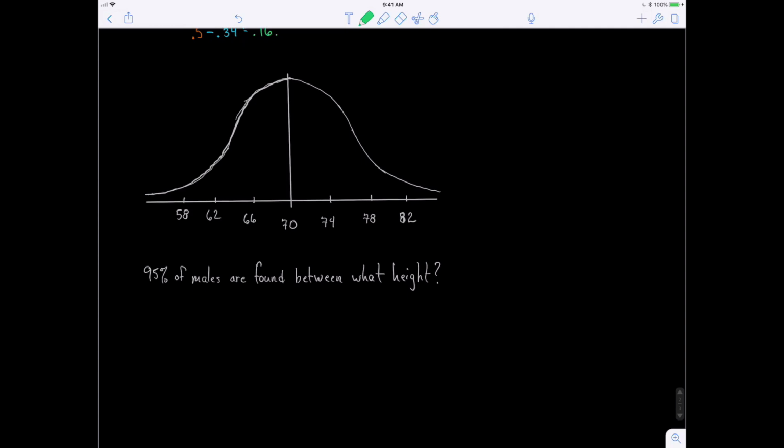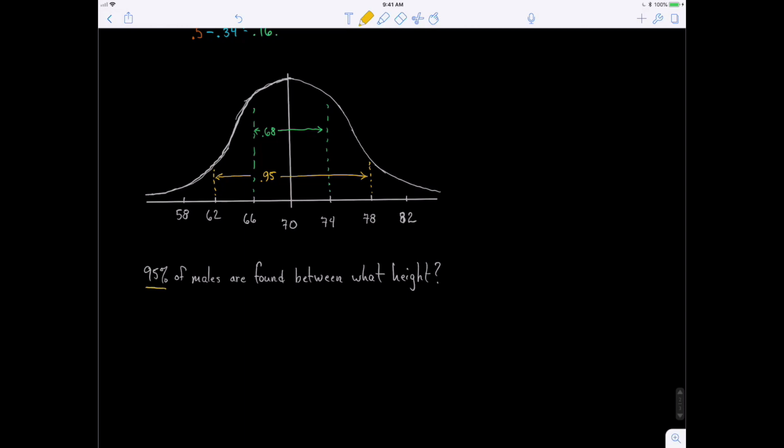So it says, remember, that if you're one standard deviation above and one standard deviation below, well, that's 0.68 of the curve. And then it says that if you take it another step and you go 2 standard deviations above and 2 standard deviations below, well, that's 0.95 of the curve. But wait a minute, that's what the question was asking.